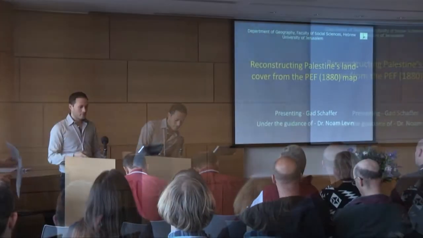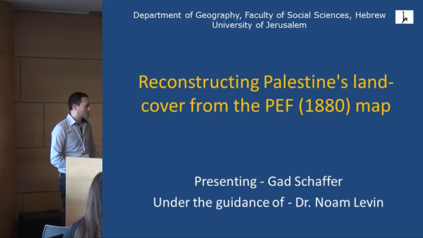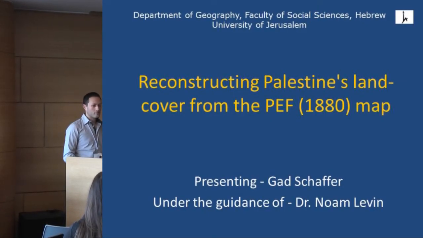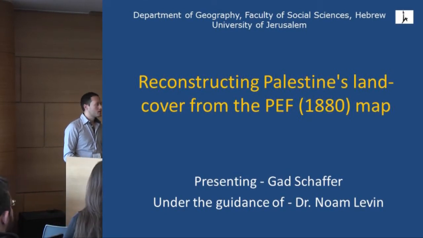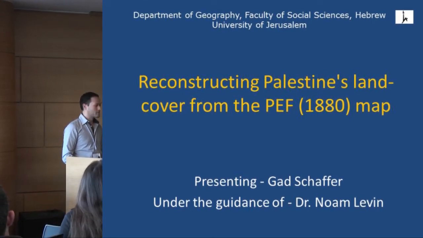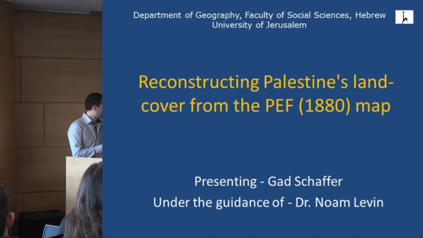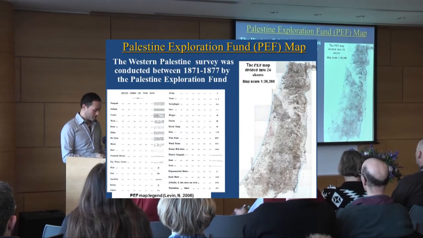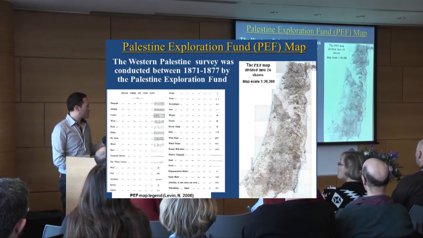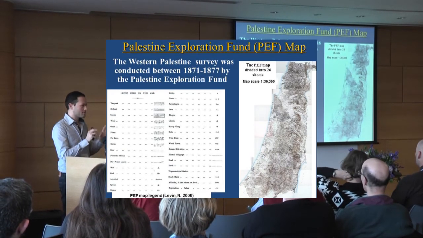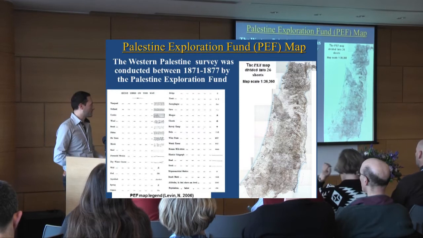Okay, good afternoon. I'm going to talk to you about one part of my PhD research, which is the reconstruction of 19th century Palestine based on the PEF map. So, as you see on the right, this is the PEF map. I will just give a short introduction to it.